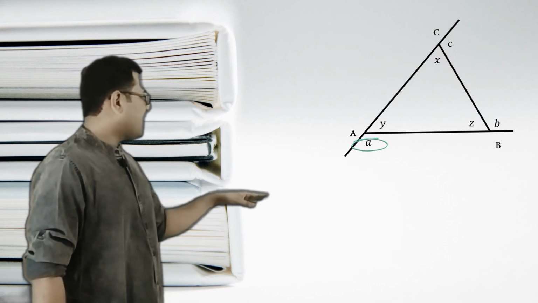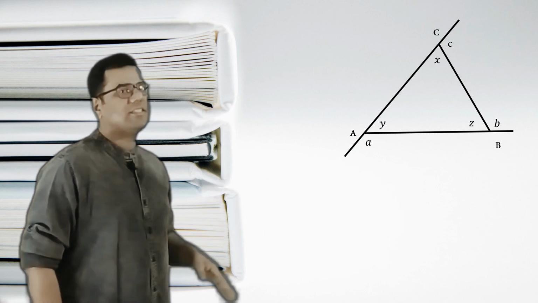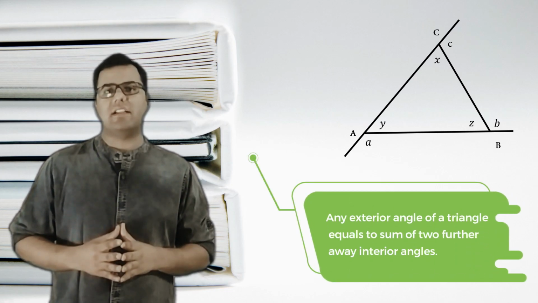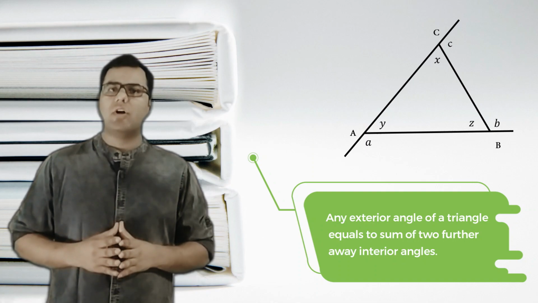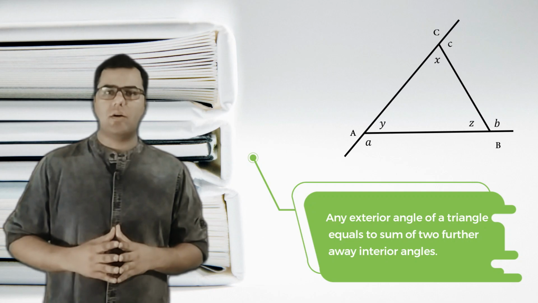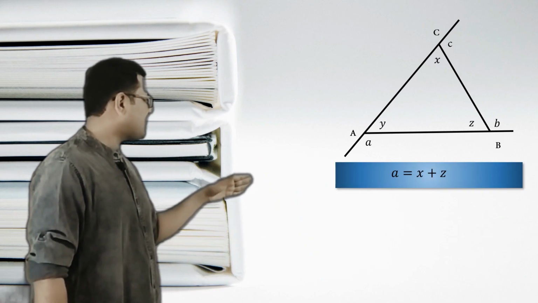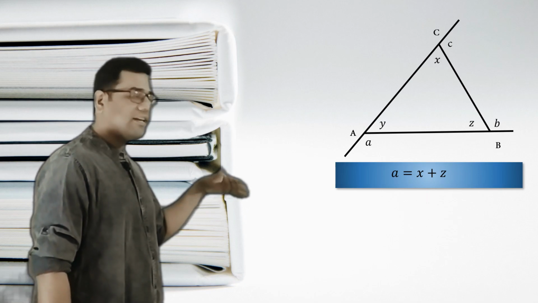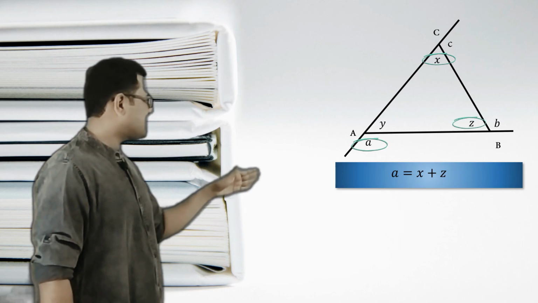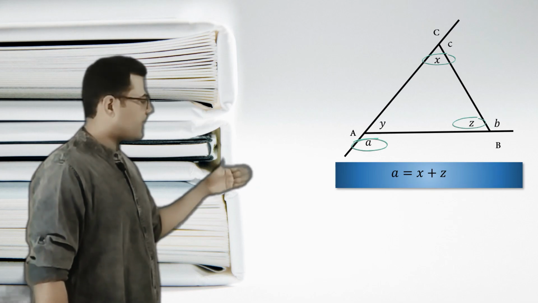This angle A here is an exterior angle. Now, there is also an exterior angle theorem for triangles. It states that any exterior angle equals the sum of the two further away interior angles of the triangle. What it says is that angle A equals the sum of the two further away internal angles of the triangle, and hence A equals X plus Z. X and Z are the further away interior angles of the triangle.